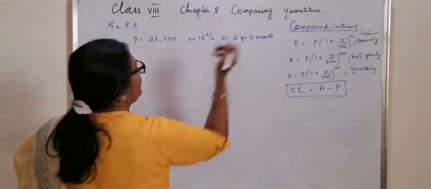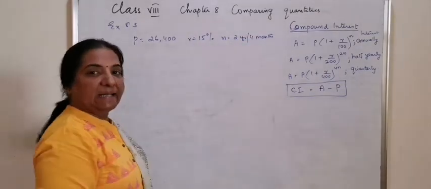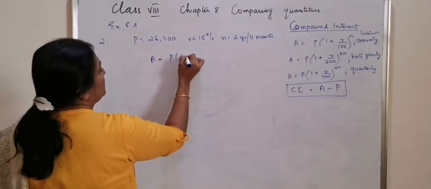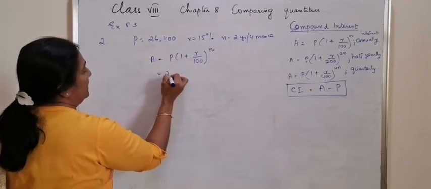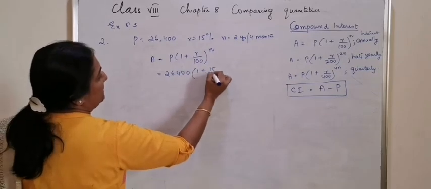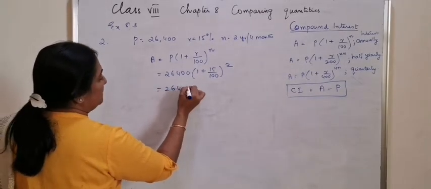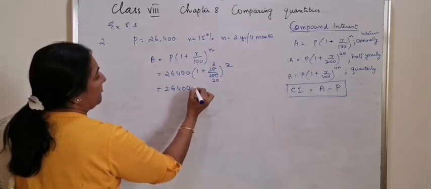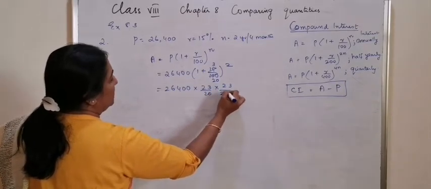2 years 4 months. So as we discussed earlier, we will calculate for 2 years with the direct compound interest annual formula. Amount is equal to P into 1 plus R by 100 to the power of N, which is equal to 26,400 into 1 plus 15 by 100 to the power of 2, which is 26,400 into 23 by 20 into 23 by 20.